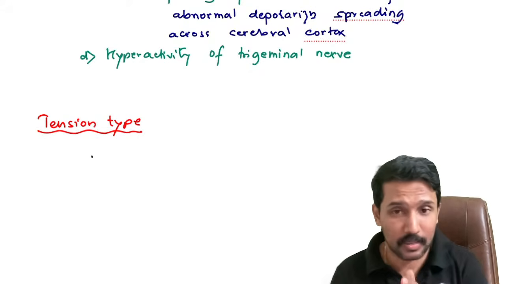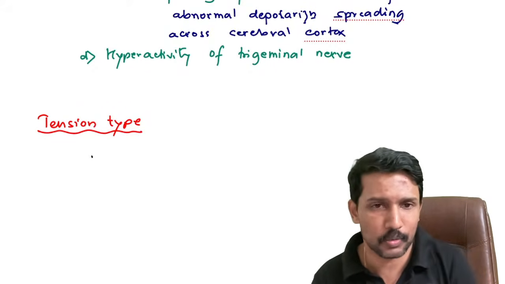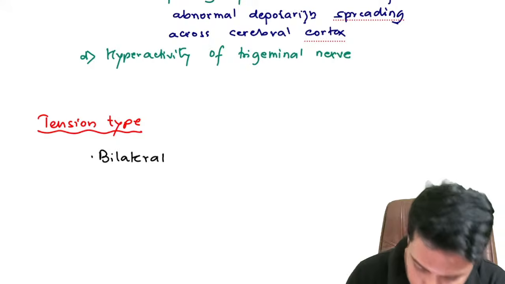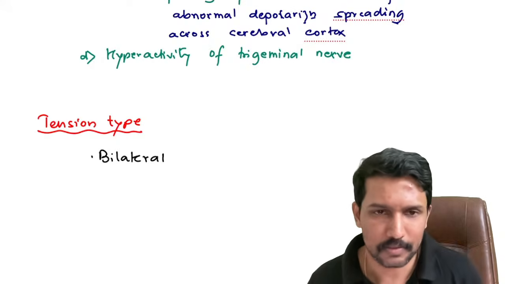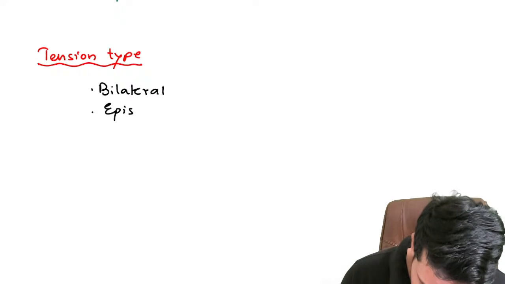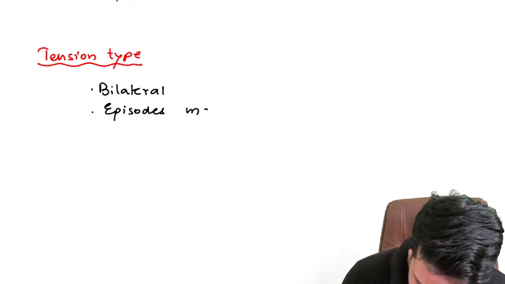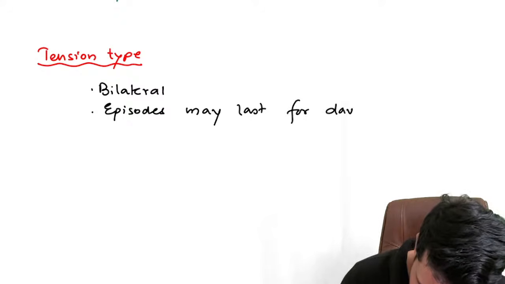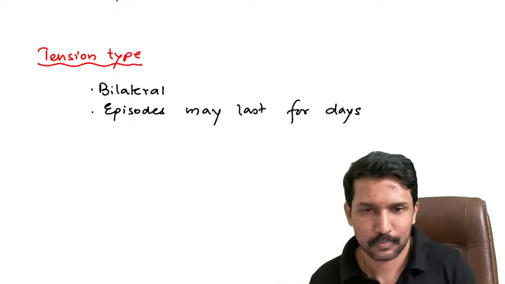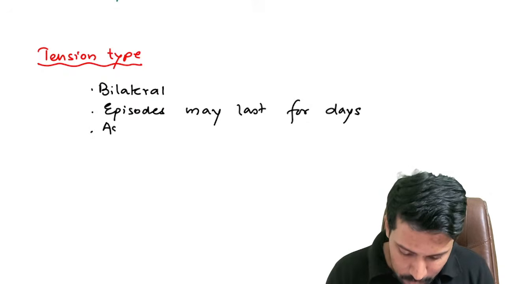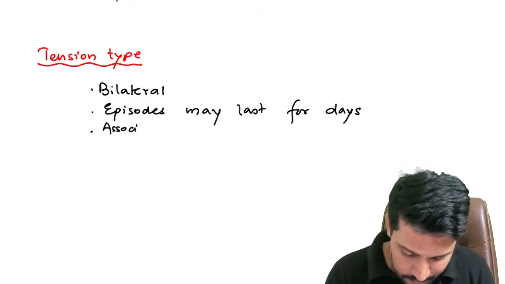So first point, migraine was a unilateral episodic headache. Tension type is a bilateral episodic headache. First point, that is different. Second thing, the episodes of tension type may last for days. Then third, what are the associated symptoms of tension type of headache?